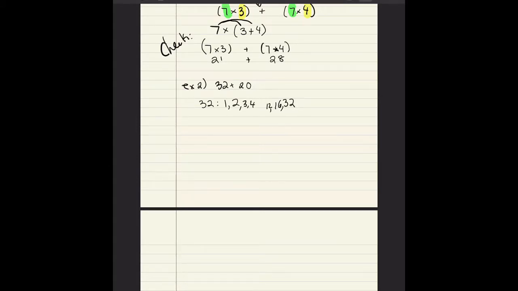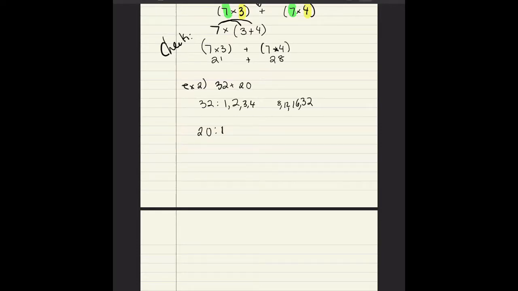How many times? 8 times. Oh, I hope 5 can't. 5 can't. Can 6 go into 32? And 6 cannot go into 32. Can 7? No. And then we're back at 8. So that's it for 32.